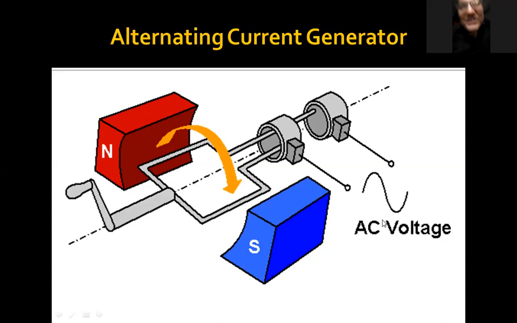Alternating voltage is induced. So what you do, you rotate this coil by this handle, you provide the mechanical energy, and because this coil is rotating inside a magnetic field, it is cutting the magnetic lines, EMF is induced, the current is induced, and through these slip rings and carbon brushes, that EMF comes out, and this induced EMF is alternating, is AC.